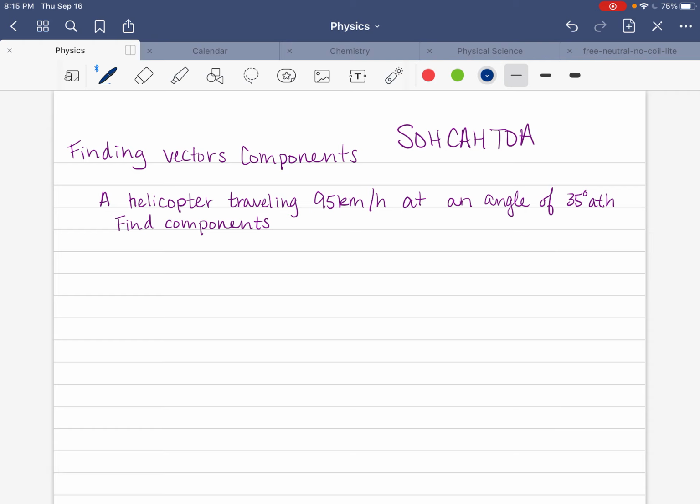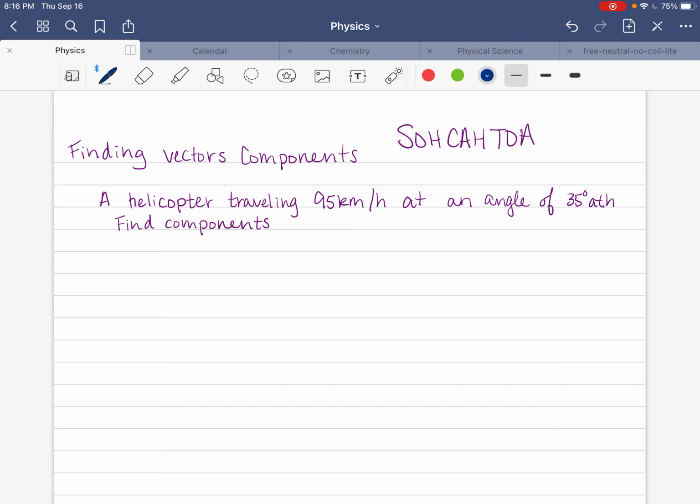It's also important to find the vector components. We can use the other parts of SOHCAHTOA, the SO and the CAH, in order to find those components of the actual vector. In this example, a helicopter is traveling 95 kilometers per hour at an angle of 35 degrees above the horizontal, that's what the ATH means. Find the components.